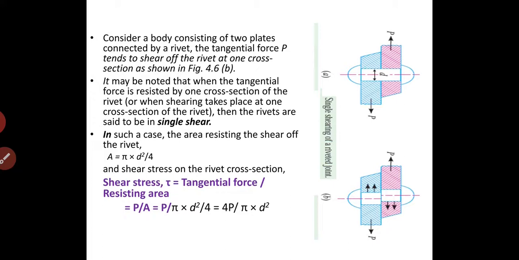It may be noted that when the tangential force is resisted by one cross section of the rivet, when shearing takes place at one cross section of the rivet, then this is called single shear, and in that case the area is pi over 4 d square and the stress developed is P upon A, P over pi by 4 d square, or 4P upon pi d square. This is the case of single shear.